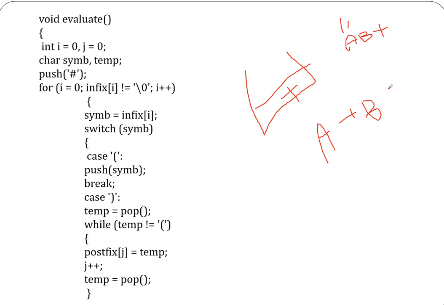Similarly, we will see different infix and postfix expressions based on priority. For example, for the same thing, if you have a plus b star c: a goes to the list, and plus is pushed to the stack. Then the alphabet is b. After b we have the arithmetic symbol star, so we push that to the stack.